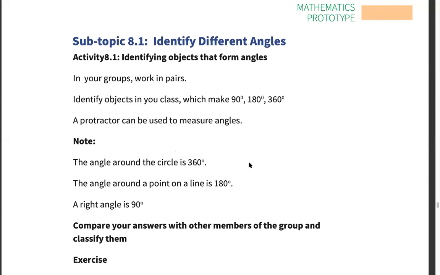Teacher, can you hear me? Sorry? Okay, let me answer the question. How to find the interior angle of a polygon? The formula is number of sides minus 2 times 180 degrees.